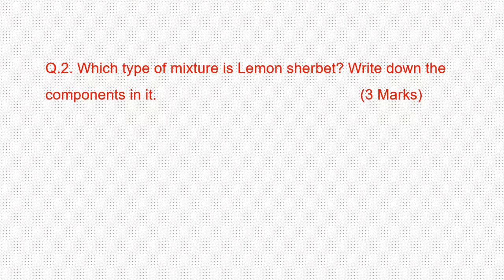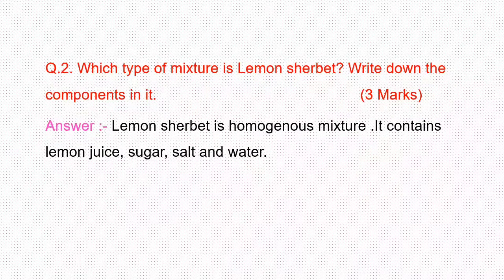Question number 2. Which type of mixture is lemon sherbet? Write down the components in it. This question is also for 3 marks. And the answer is, lemon sherbet is a homogeneous mixture. It contains lemon, sugar, salt and water.